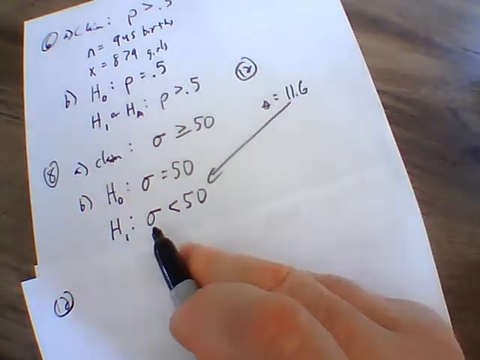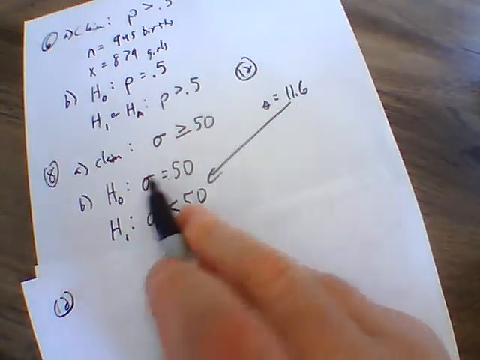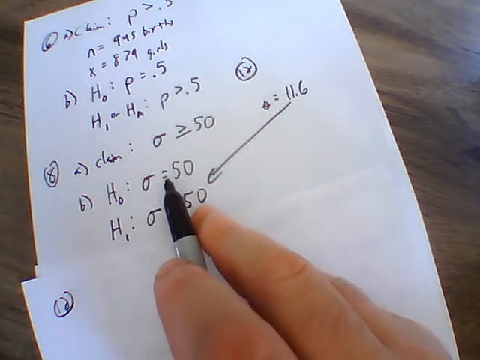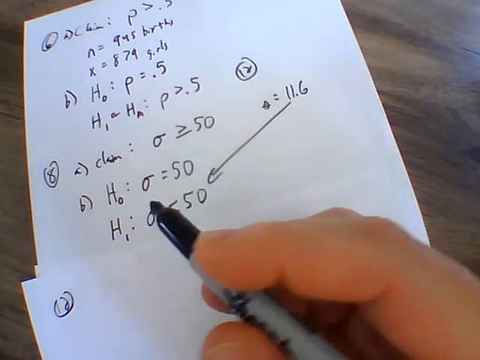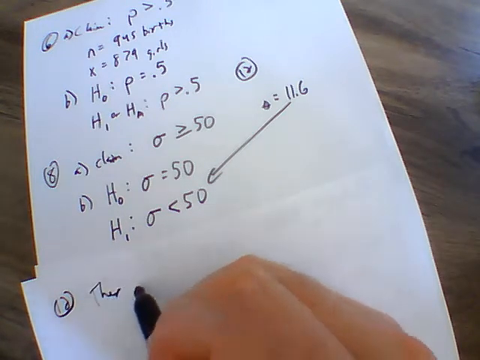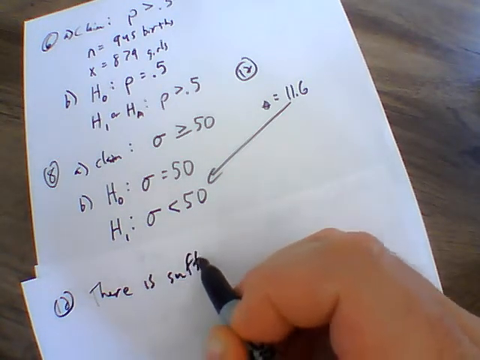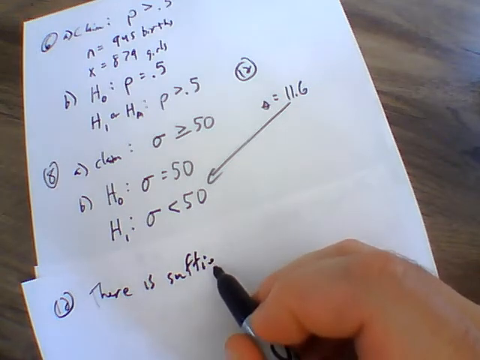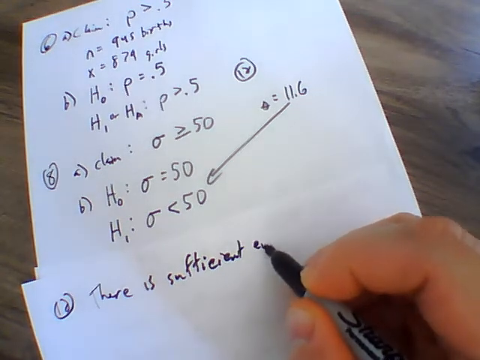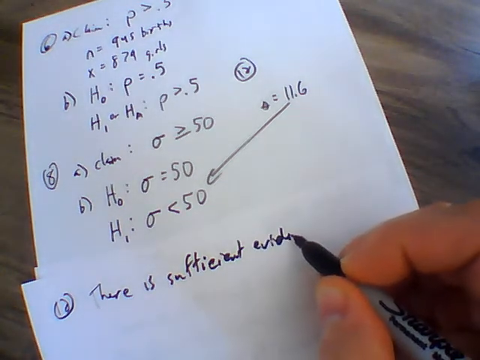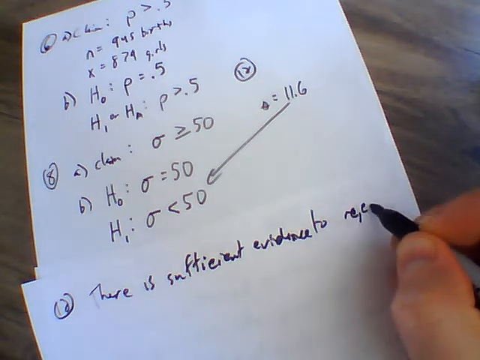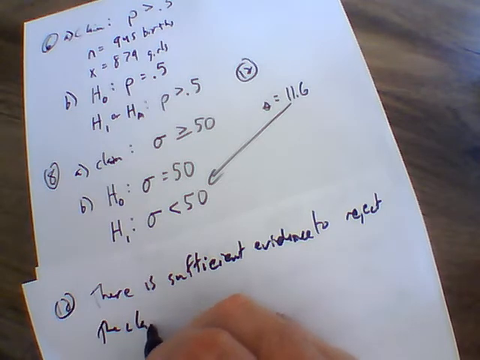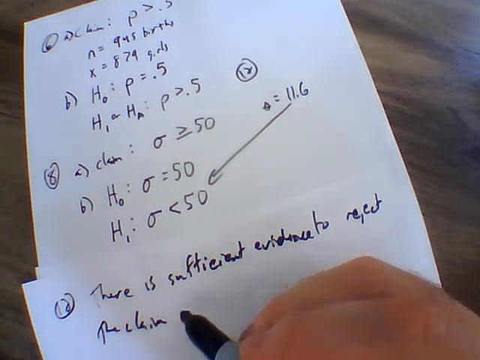So we see that this is definitely below, so it's in this, so that means that we're rejecting this, but remember this would fall into our claim. So there is sufficient evidence to reject the claim.